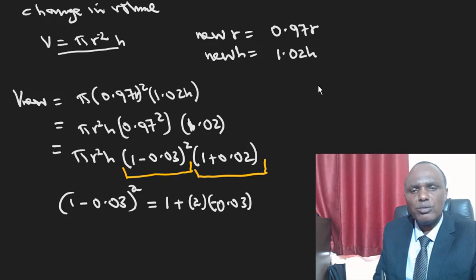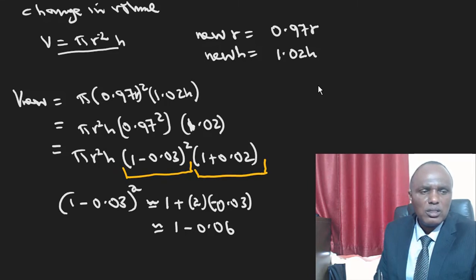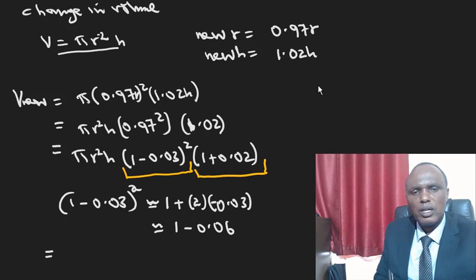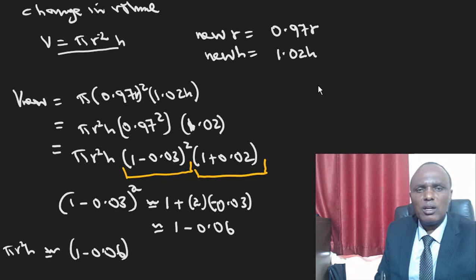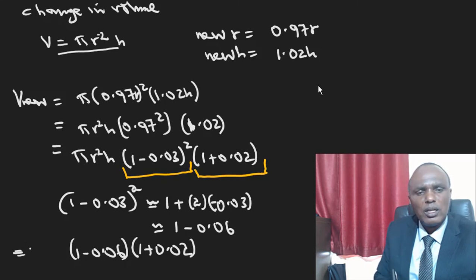Therefore, if we square this value, we get approximately 1 minus 0.06, because 2 times negative 0.03 gives negative 0.06. So our new volume is approximately pi r squared h multiplied by 1 minus 0.06 multiplied by 1 plus 0.02.